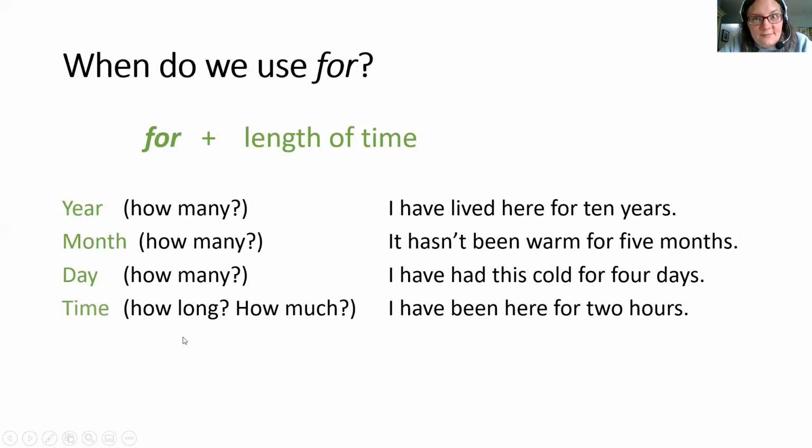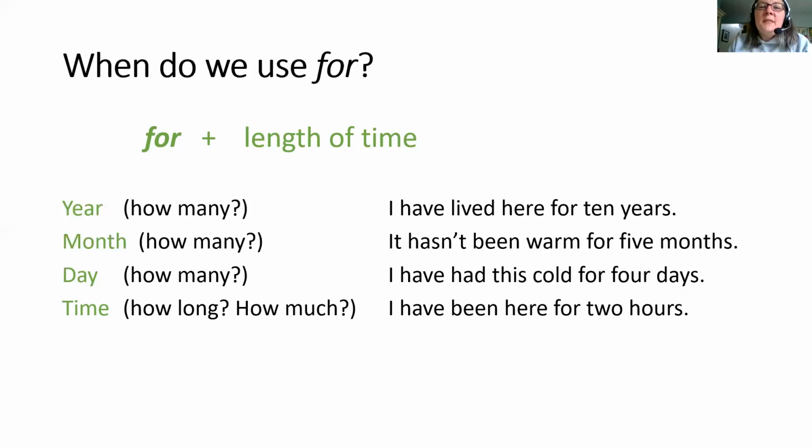Of course, we can also talk about time here. How long and how much. I have been here for 2 hours. Okay, I'm not talking about the fact that it was 9 o'clock when I came here. I'm talking about the fact that I came here, the time is now, and between when I came here and now, 2 hours have passed by. I have been here for 2 hours.